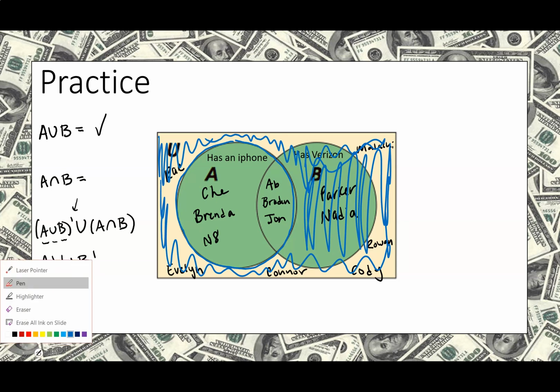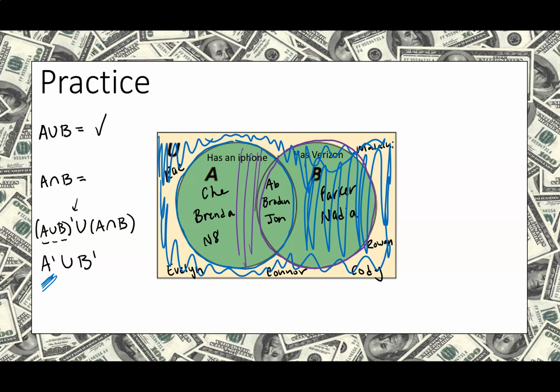And then my B complement, we'll make purple, is going to be everything outside of B. Okay, so that actually is going to be in here. And not in there. There we go.